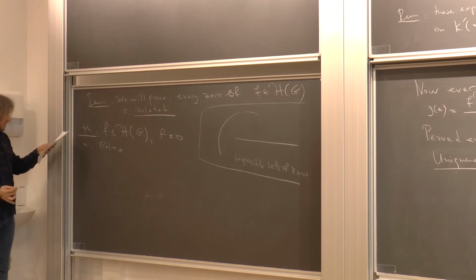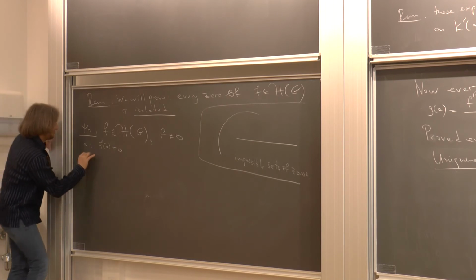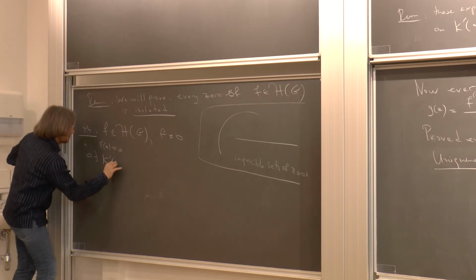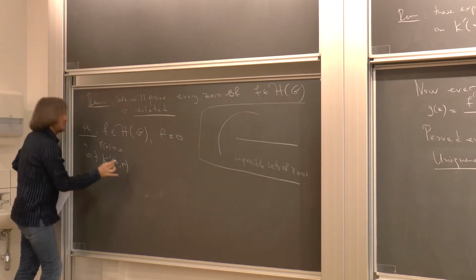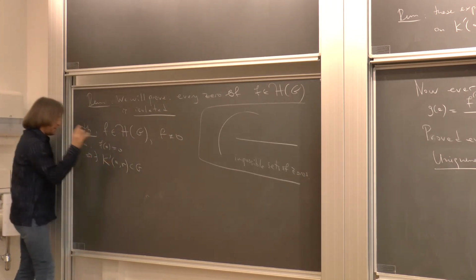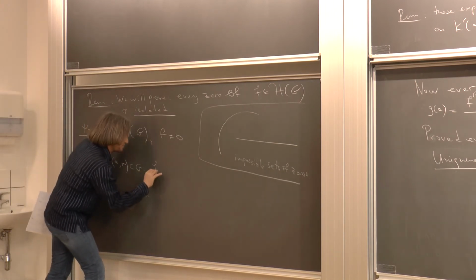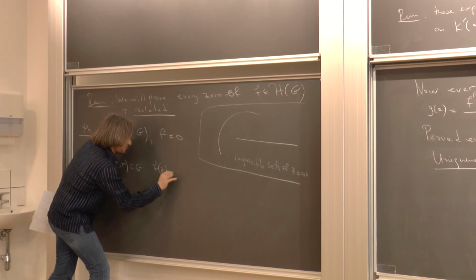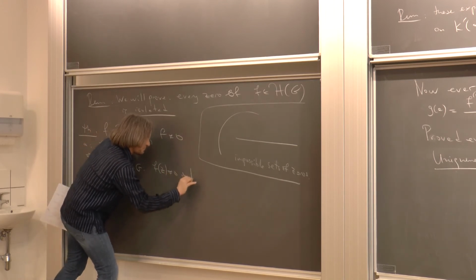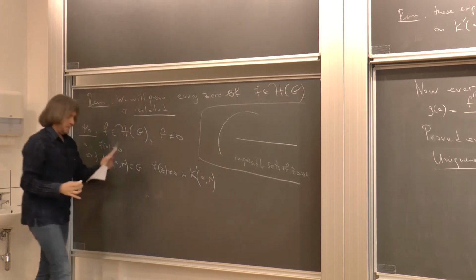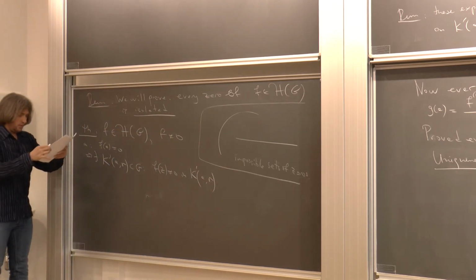Then there exists a punctured disk inside G, around this point, where this function does not vanish.